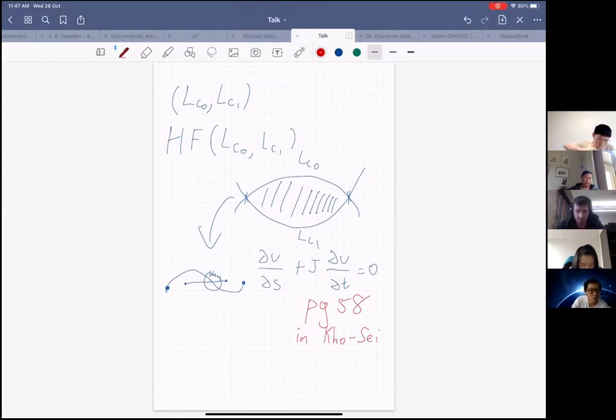Now the transverse, you mean Proposition 5.18? Yes. So they define this absolute Maslov index.